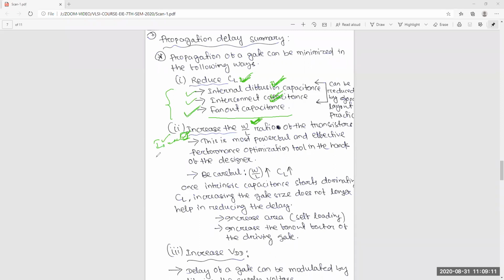So this is your inverter, and this is your CL. If W increases, what happens? Current increases. That current is flowing in this path, so if the current is more, then it will charge faster. Yes or no?